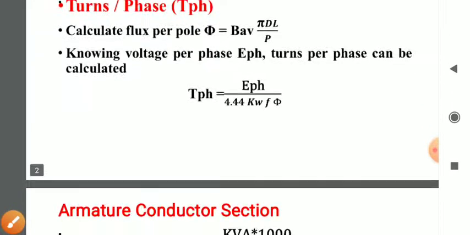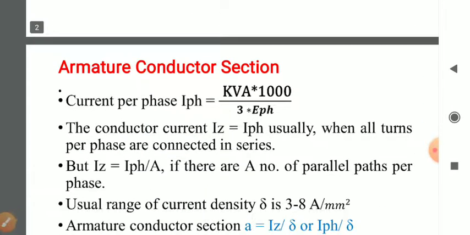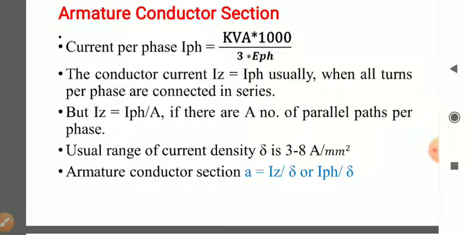Now how to calculate the armature conductor size? The cross-sectional area of the armature conductor is calculated by using the equation of current density, as we know that the density is the ratio of the current to the area.